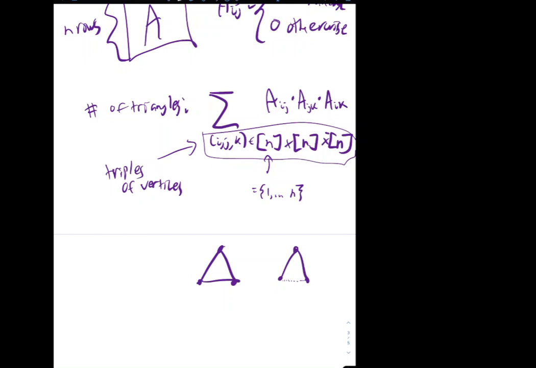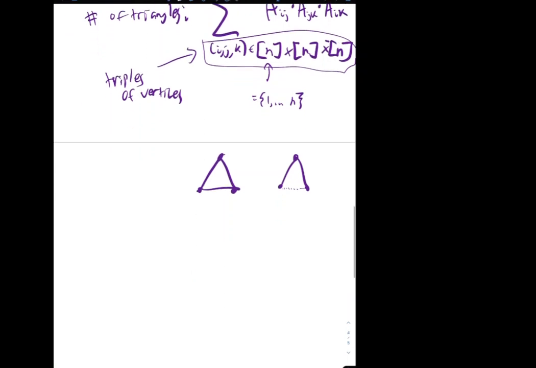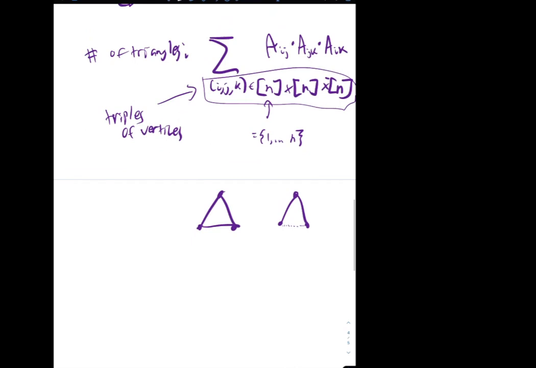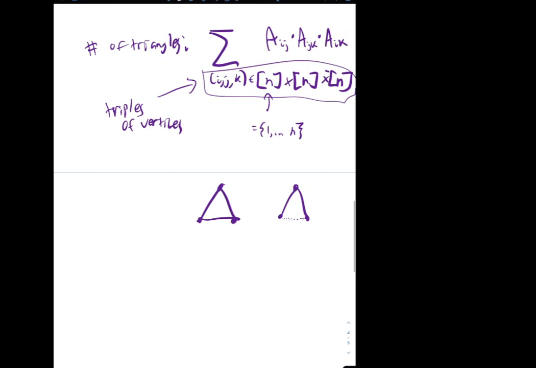Okay, so the goal is to just count the number of triangles in the graph. This is a problem that people care about in things like computational biology and social network analysis. And the fastest known algorithm for the problem uses what's called matrix multiplication.